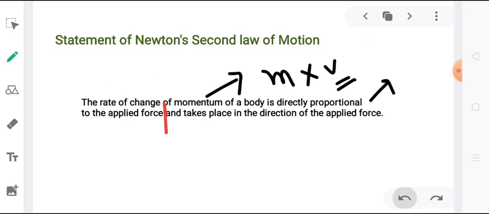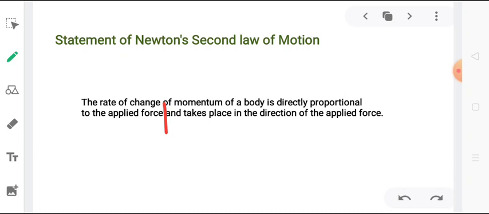Now the next important task for us will be to study a mathematical representation of this law. For this again we will try to take help of the law by distributing it into two parts, and we will use this much part.